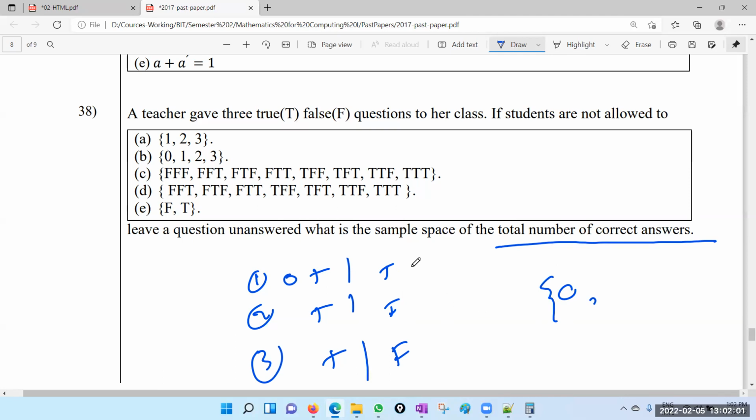There's a possibility of just 1 correct answer. There's a possibility of 2 correct answers. There's a possibility of all 3 being correct. You can't have 4 correct answers when there are 3 questions. Okay, so therefore what is the answer? Answer is B. Okay, 38 answer is B. So let's check the answer.